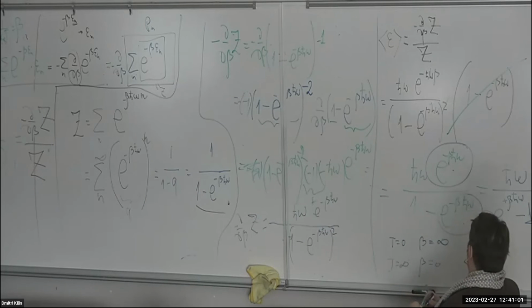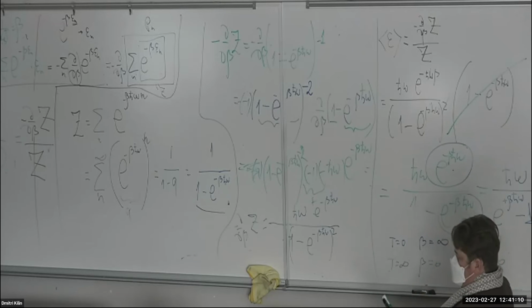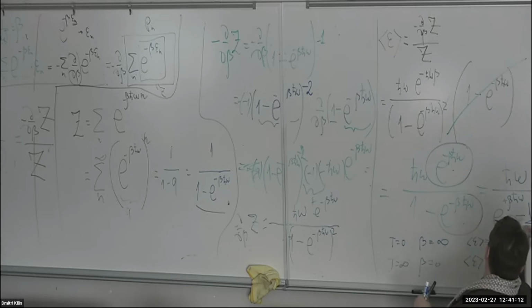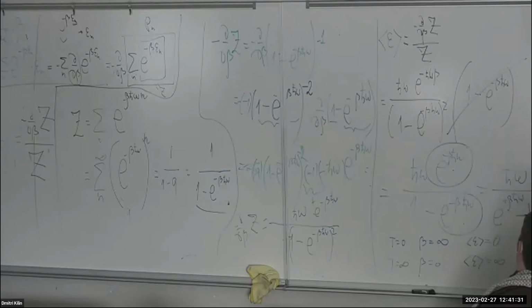The equation from here will be multiplied by density of states, which as a function of frequency will be proportional to omega squared, and the final answer will be looking like omega to the third divided by e to the beta h bar omega minus 1.